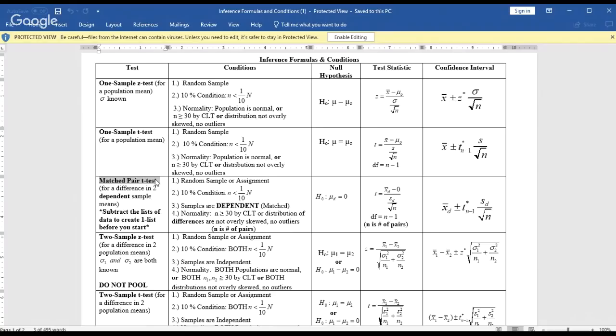We saw two different operating systems running different operations, so each number represented how fast each operating system did each task. That's matched pair. That's where you take the two lists, put them in L1 and L2, subtract them into L3, and then you're just running a t-test. When you write the H0 on a matched pair, there's only one variable here, and you only define one variable because it's just a t-test.